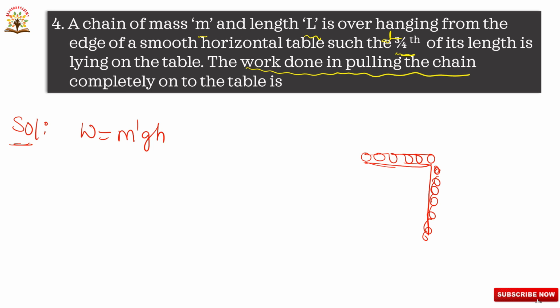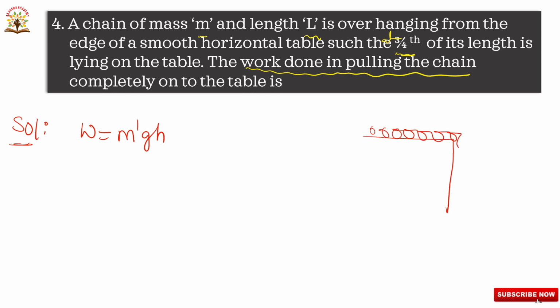Now we are taking the 3 by 4 of its length. This is the chain. Here the length is L by 2n. This is M by n into G.